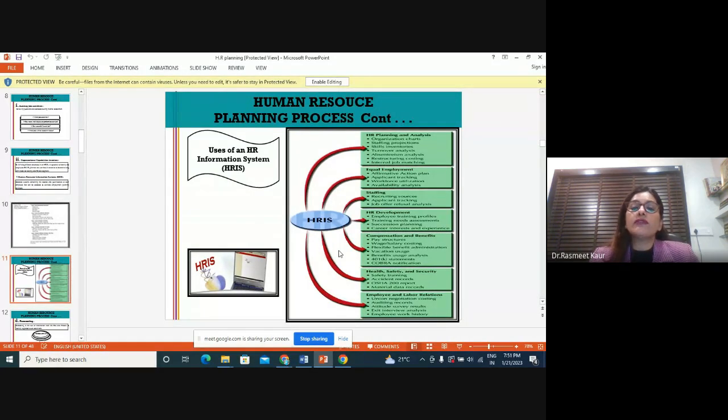There is a very common system which is used nowadays, which is called the human resource information system. This is basically an information system which helps you to perform different functions of HR with the help of information technology.